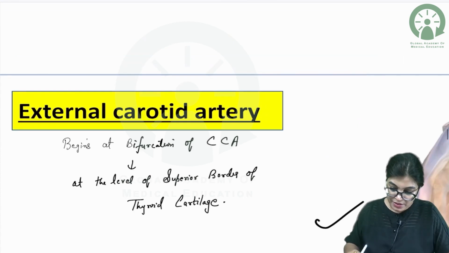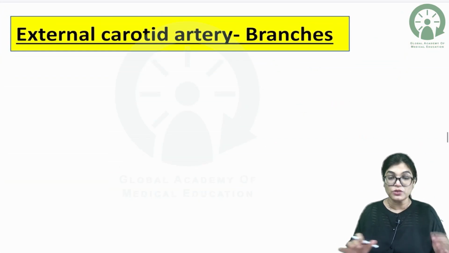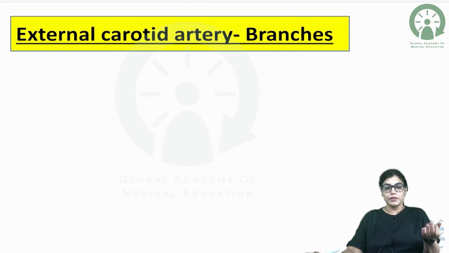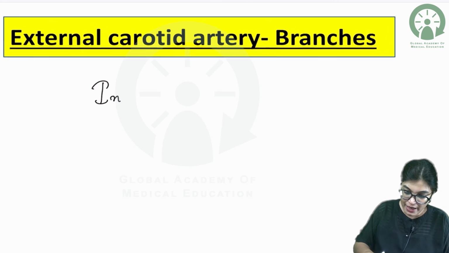Now let's talk about the branches of external carotid. Actually there is a mnemonic for it, but firstly I would like to write the branches and then you can go for the mnemonic. Branches in carotid triangle.